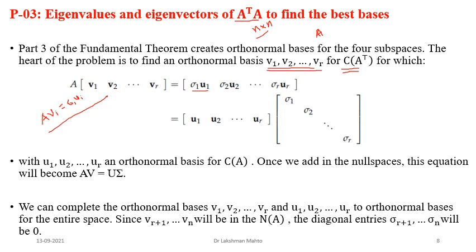Rank will be fixed here. In A transpose A, the first r would contribute to finding pivot columns, and those will give these orthogonal bases. The rest, n minus r, will give these vectors, and these vectors form a basis of the null space of A.